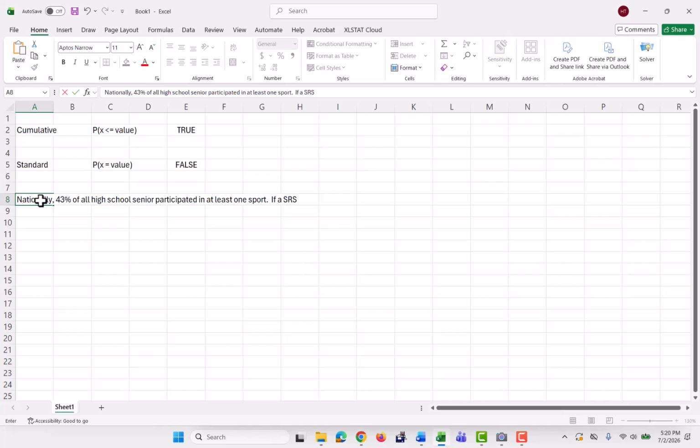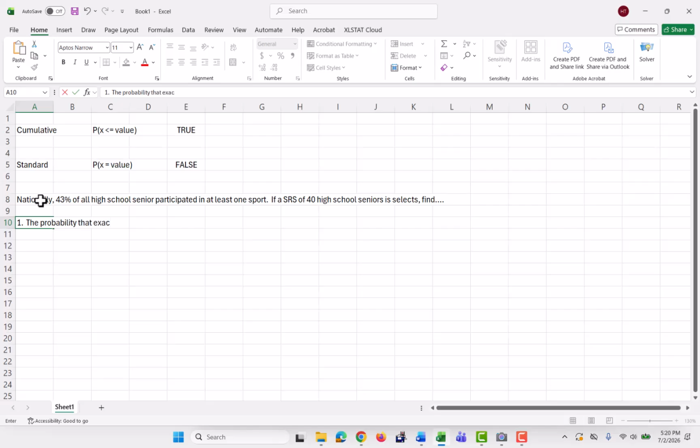If a simple random sample of 40 high school seniors is selected, find the probability. Call this question 1.